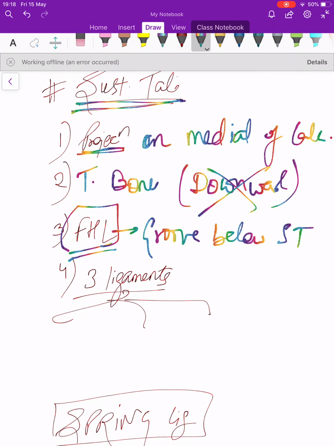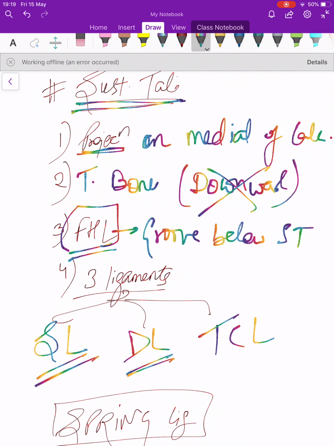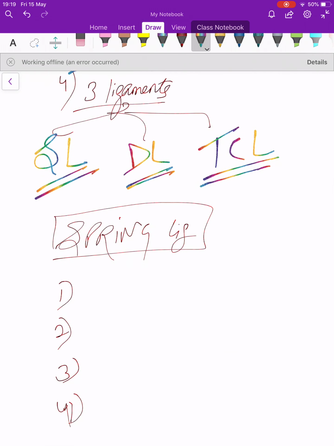Then three ligaments are attached to the talus. One is the spring ligament. ठीक है. The next is the deltoid ligament and the next is the talocalcaneal ligament.